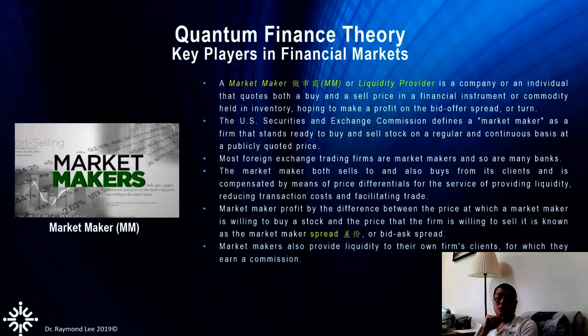Market makers also provide liquidity to their own market, which means they will try to promote the market by providing more information to the investors so that they can make trading easier. That means making the market flow.